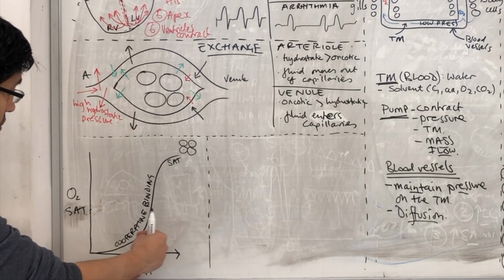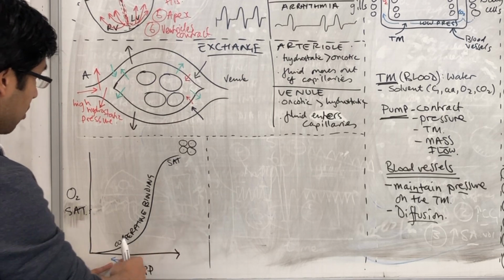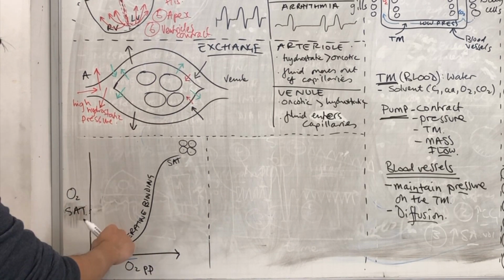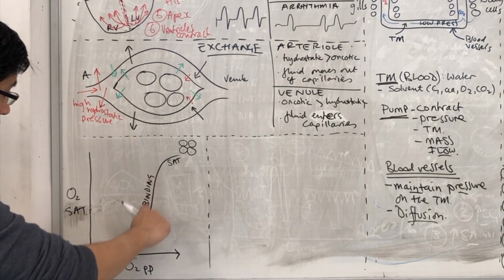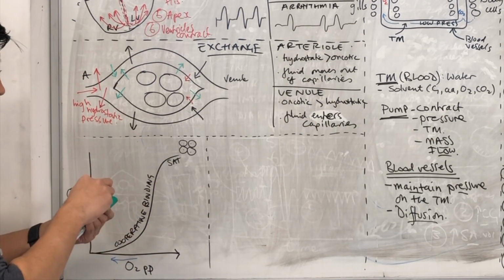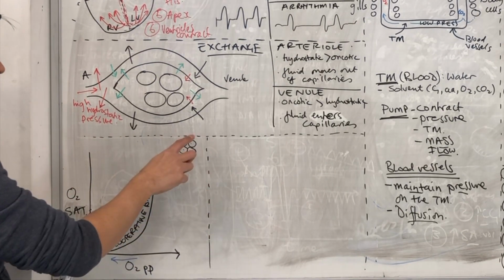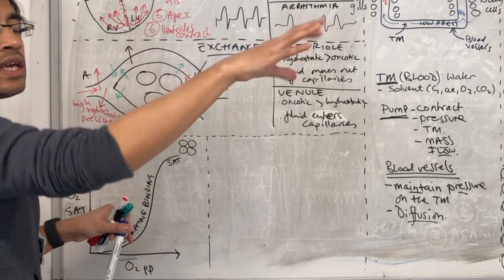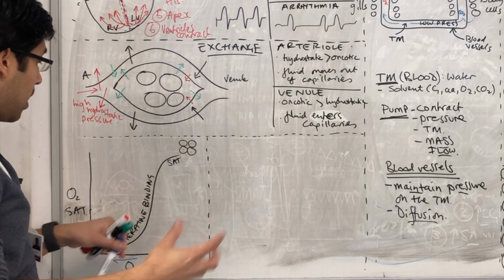So down we go backwards on the graph. And because the oxygen concentration is low, the affinity of the oxygen for the hemoglobin goes down accordingly. And so the hemoglobin has a greater tendency to release the bound oxygen so that it can diffuse into the tissue fluid and into the cells that are requiring it.